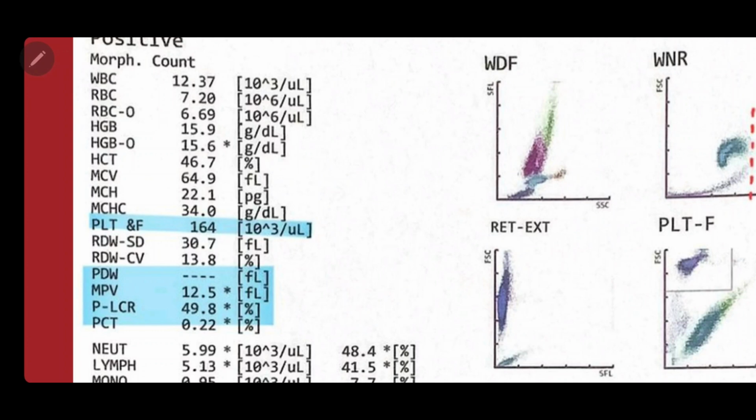If the IPF is above 5%, the observed platelet count isn't the true count. The true platelet count is higher. However, certain autoimmune conditions can increase IPF, indicating that the platelet count isn't reaching its expected level.